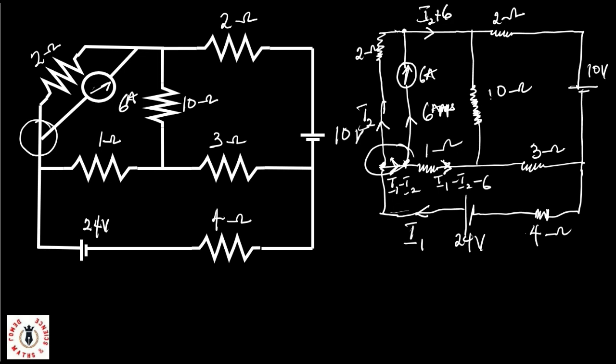Now, if you look at this point here, at this node here, I have I1 minus I2 minus 6 flowing to this node. Now, I want to take a part here. I want to have I3 flowing out here, so that what I'll have going to the 3 ohm resistor will be I1 minus I2 minus 6 minus I3.